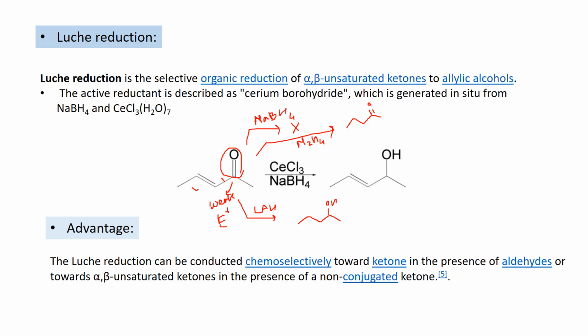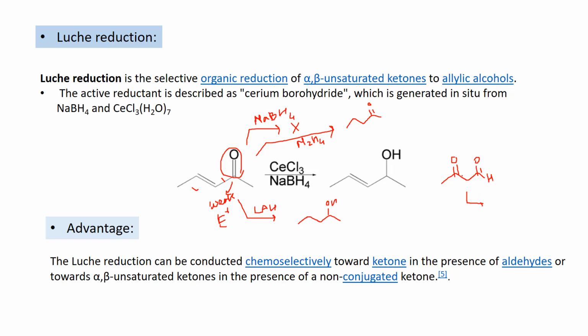Okay. So the advantage: the Luche reduction can be conducted chemoselectively towards ketone in the presence of aldehyde. Moreover, if there is a system like this and you are adding the same Luche reduction reagent, what will happen?